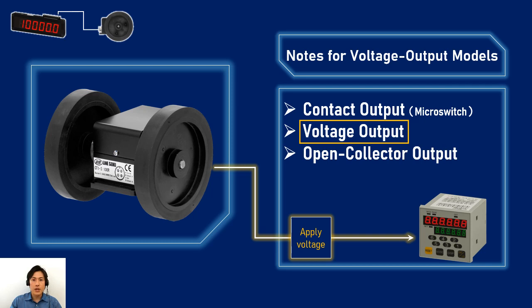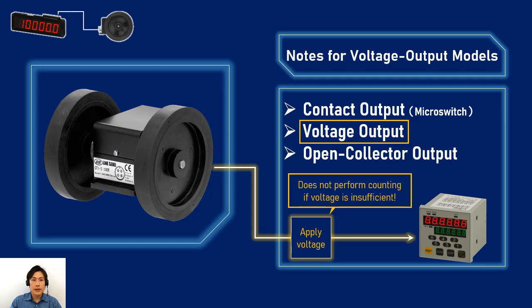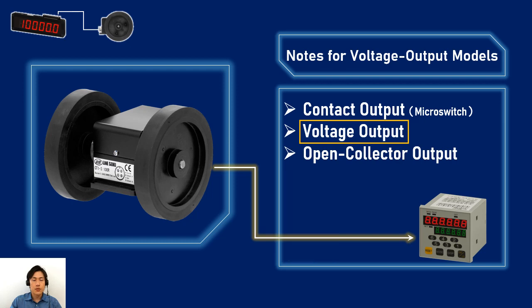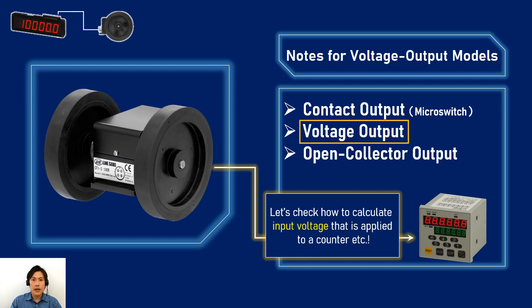But if the voltage is insufficient, the counter does not perform counting. To avoid such a problem, we would like to show you how to calculate the input voltage that is applied to a counter.